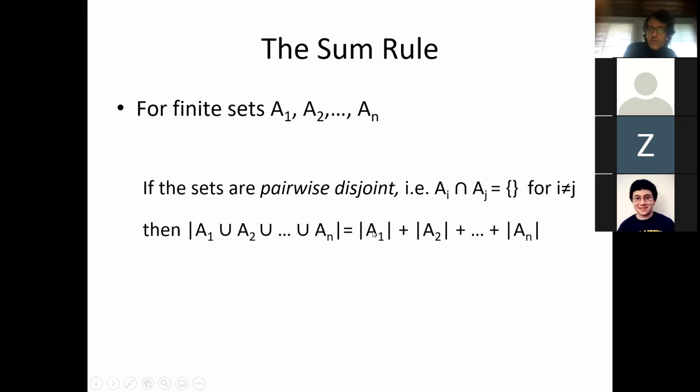If there are 5 elements that are in both A1 and A2, then you will count these 5 elements here, and then you will count them again here, whereas these are the same elements of the union. We'll get back to this later on; it's called the inclusion-exclusion principle. What happens, how do you count, when these intersections are non-empty?